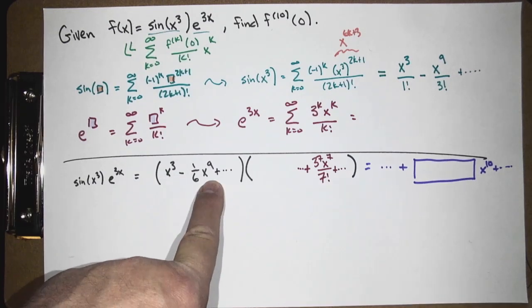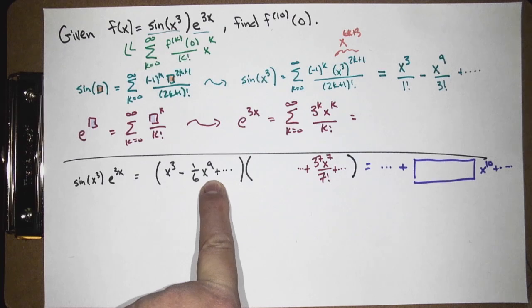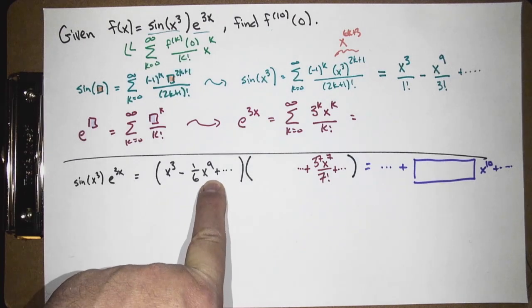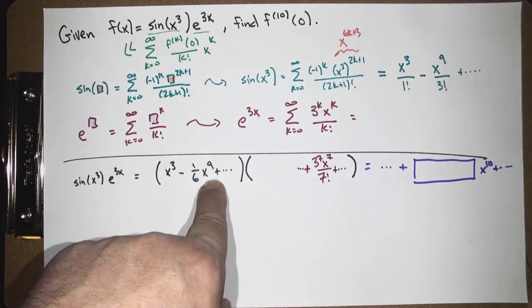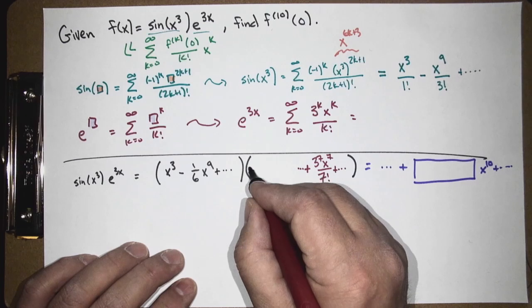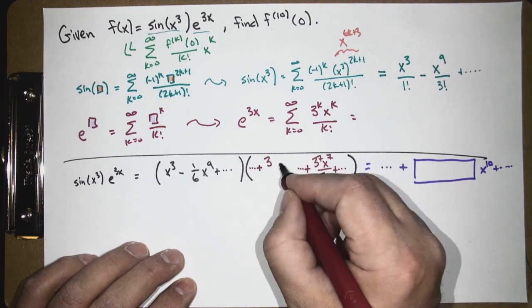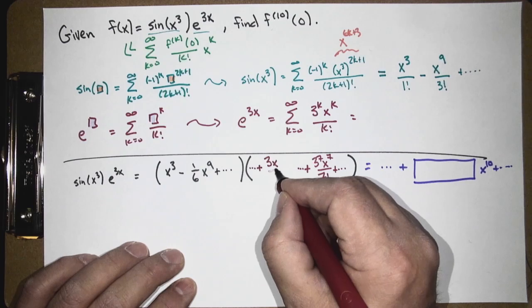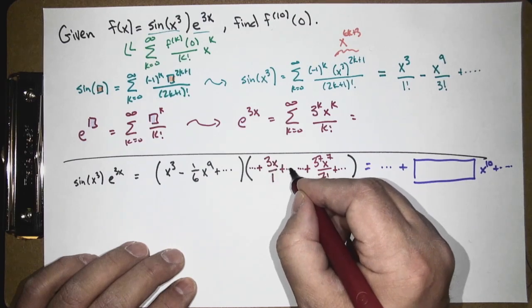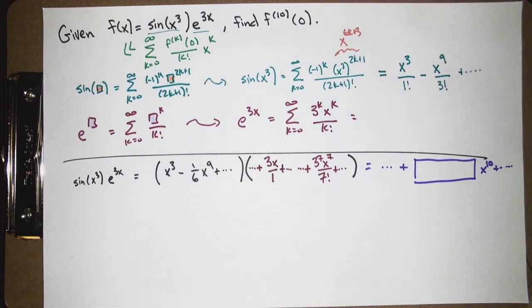What about this x to the 9 term? Well, we'd have to multiply by x to the 1. So there's some stuff at the beginning, plus, plug in k equals 1, 3x over 1 factorial. And now we multiply.